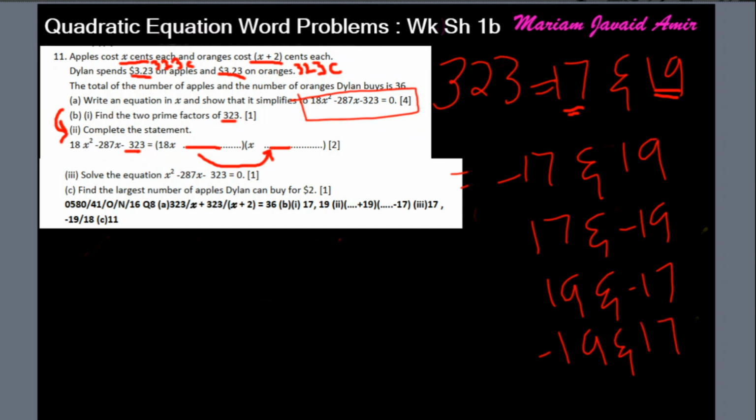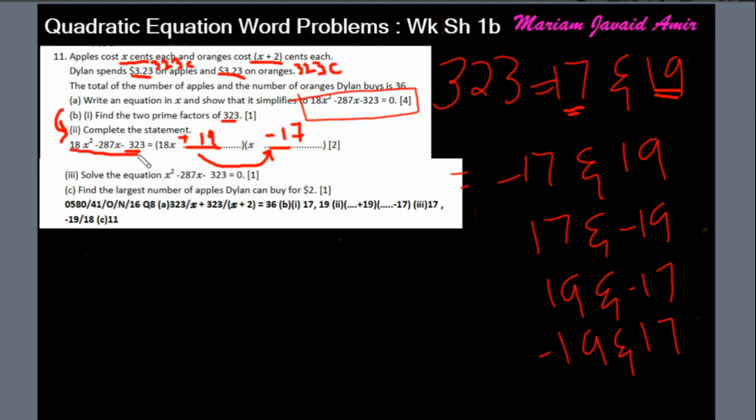I would suggest a little hit and trial, and you'll notice when you write plus 19 over here and minus 17 over here and open this bracket, you should get this back.